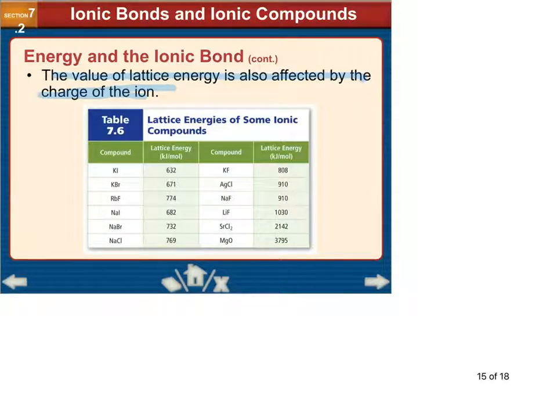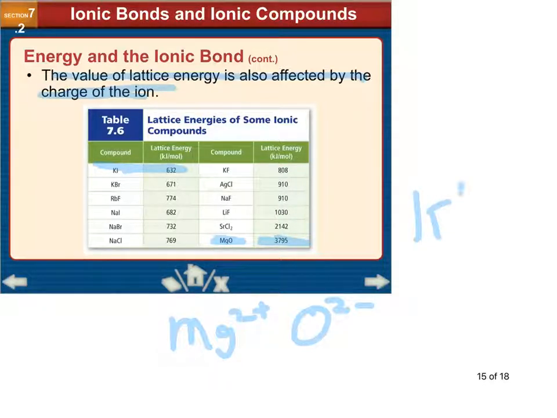So you can see when we get higher charges here, like MgO, Mg is a 2 plus, O is a 2 minus, we have a large lattice energy, which is why earlier we had very high melting and boiling points for the substances. And here the KI we talked about earlier has one of the smaller lattice energies.